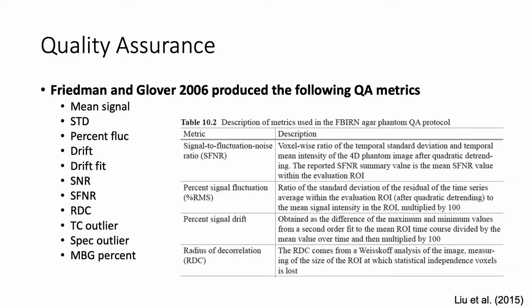Those are the ones that, as an experimenter, I pay attention to, but overall, all these are pretty important. Some of them are pretty correlated with each other, so if you're having a lot of drift, your signal is probably going to be poor, so it's going to be anti-correlated. Mean signal, or the signal to noise ratio, or the SFNR, are pretty highly correlated together, so they go hand in hand.